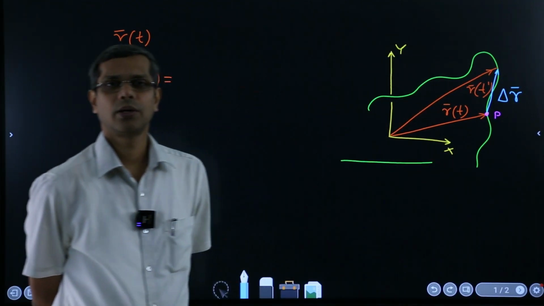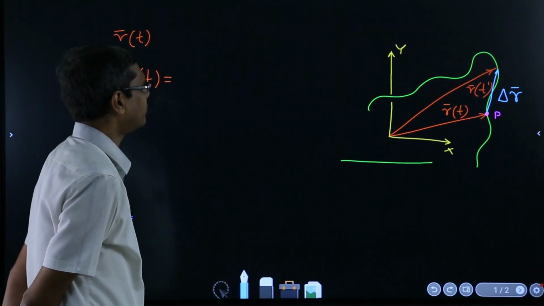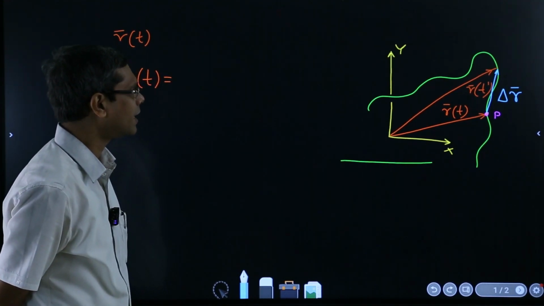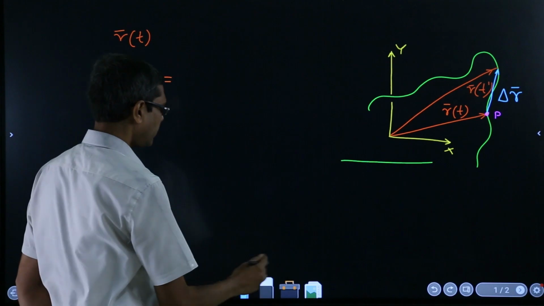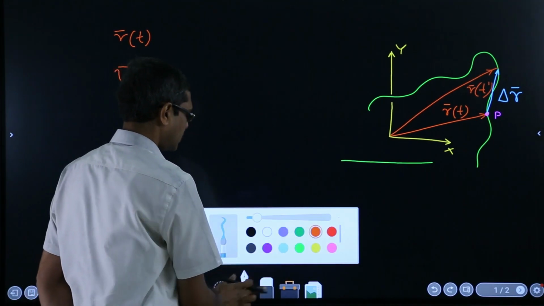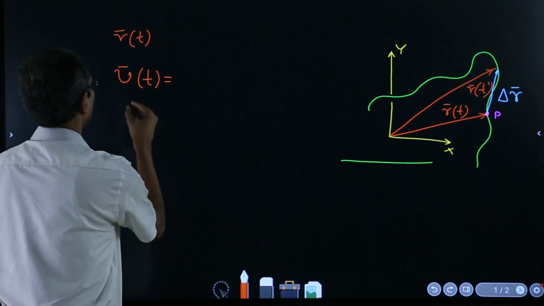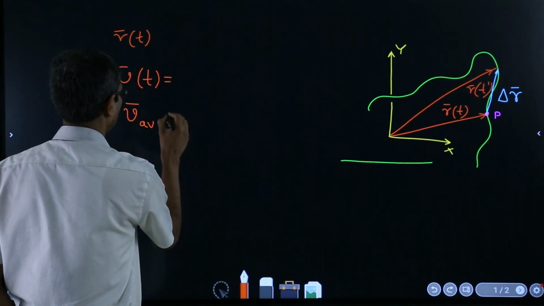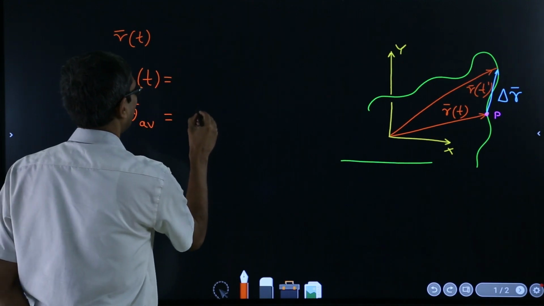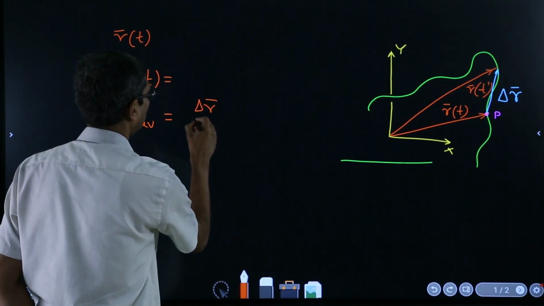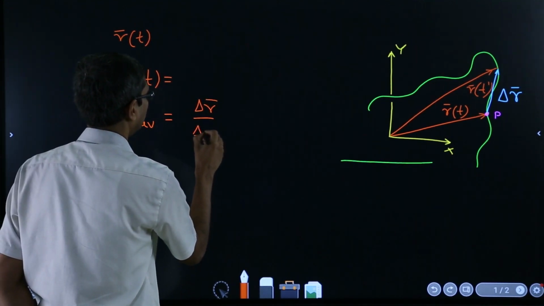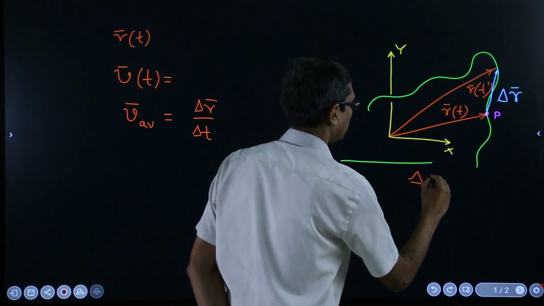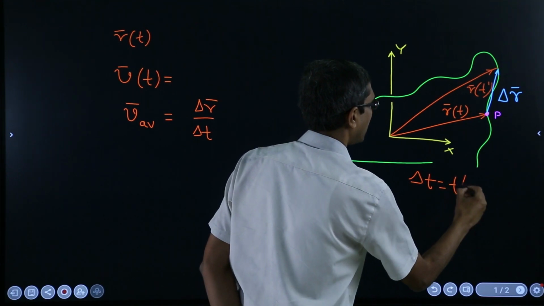That delta r defines the change in the position vector, and that will define the average velocity. So V average will be delta r over delta t, where delta t is nothing but t dash minus t.